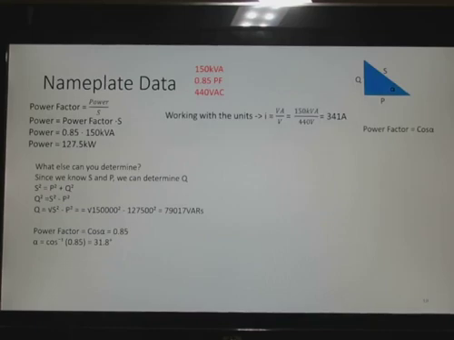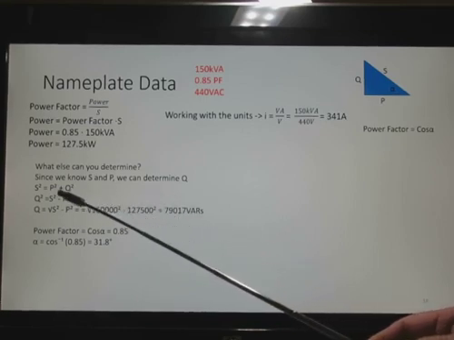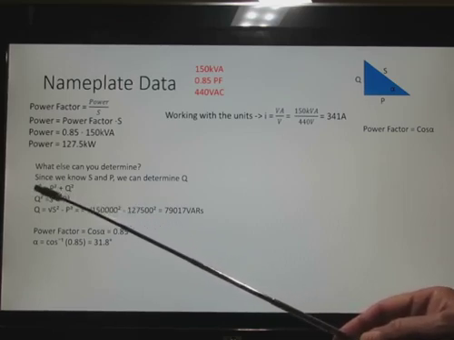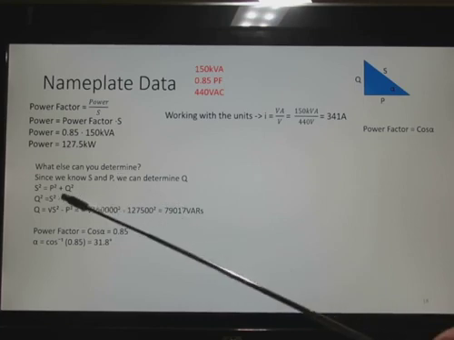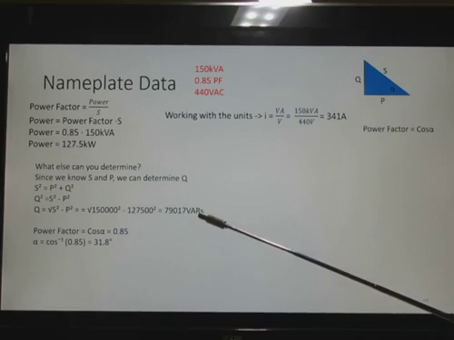And if we set up our Pythagorean formula correctly, we'll get the correct results. If we do it wrong, we'll get the wrong results. So remember here that we have P squared plus Q squared equals S squared. And we can solve for Q, and we get this many VARs.